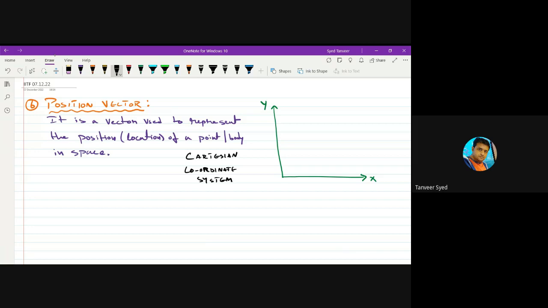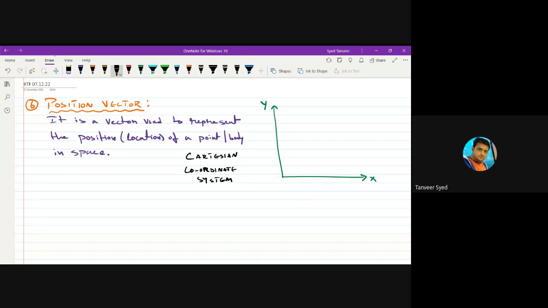This is nothing new. It is a set of XYZ axes. Forget about the Z axis. Let us talk first in 2 dimensions only, X and Y dimension. X dimension horizontal, Y dimension vertical. You call this a Cartesian coordinate system.